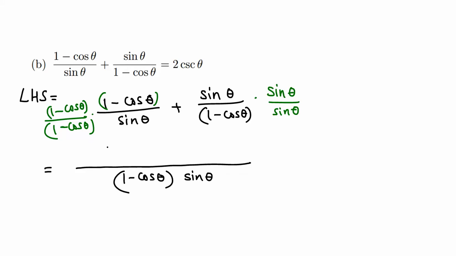Now we just simplify the top. On the top we have 1 minus cosine theta times 1 minus cosine theta, the same thing, so we multiply this by this. Just FOIL: 1 times 1 is 1, 1 times negative cosine is minus cosine theta, negative cosine times 1 is minus cosine theta, and negative cosine times negative cosine is plus cosine square theta.